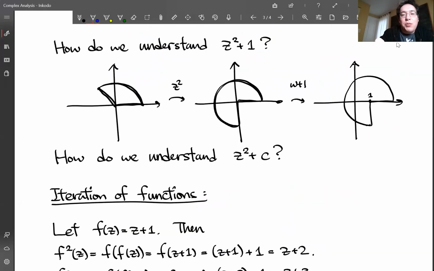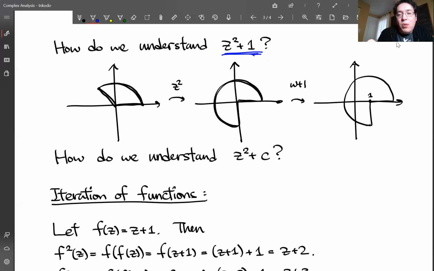And then if we try to understand something like z squared plus 1, now we understand what z squared does, right? It squares the modulus. So that's done. And also the angles are doubled, right? That's what z squared does.